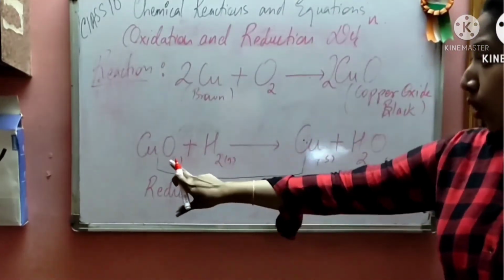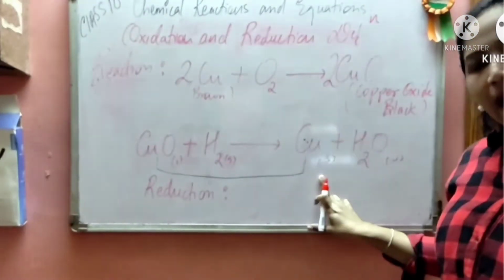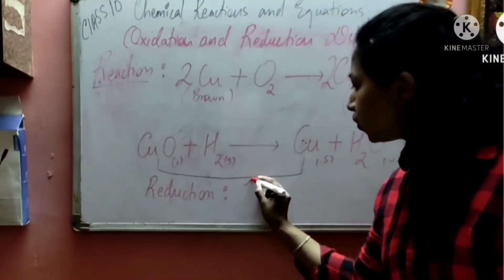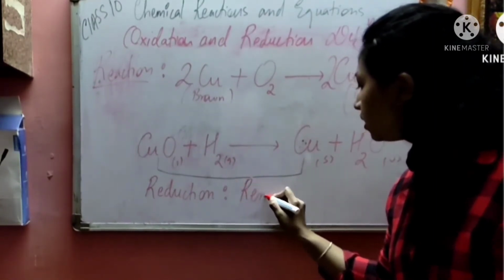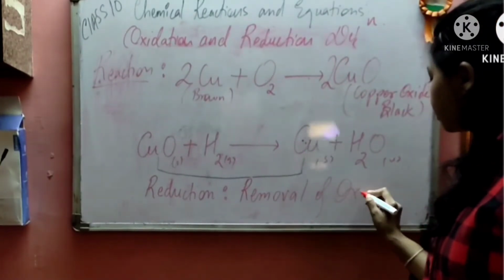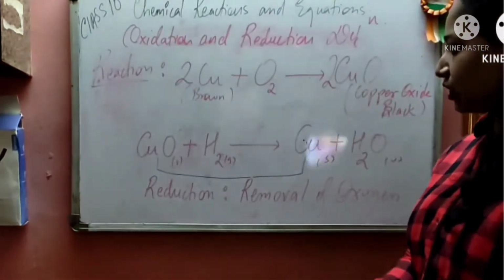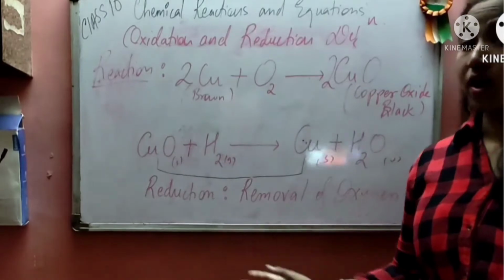Copper oxide is losing its oxygen and you're getting copper. So reduction is the removal of oxygen. So what is reduction?